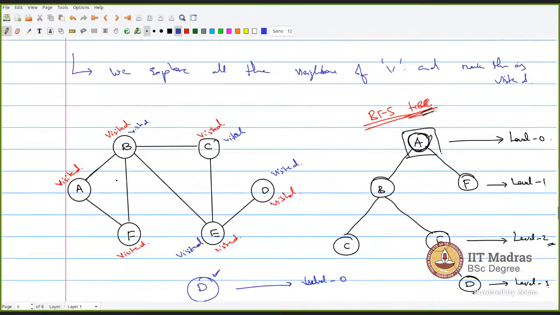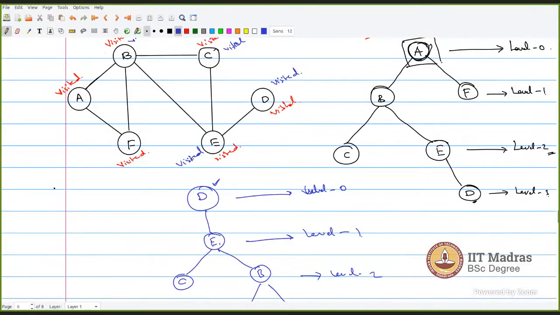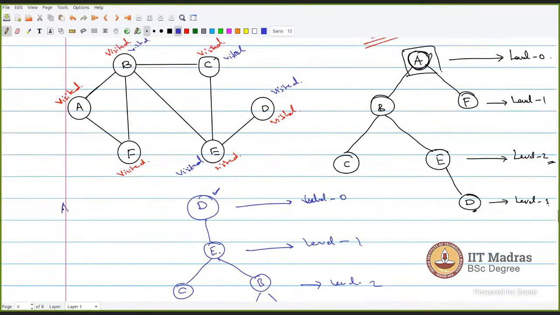What DFS does is actually a greedy kind of thing. Here itself I will explain what DFS is. We start from vertex A. Once you start from vertex A, you choose a neighbor of vertex A, which is B or F. From B, you won't explore all the neighbors.